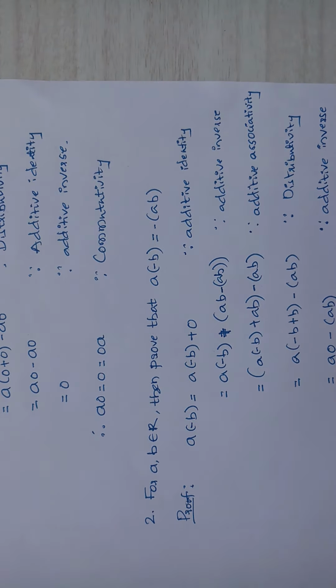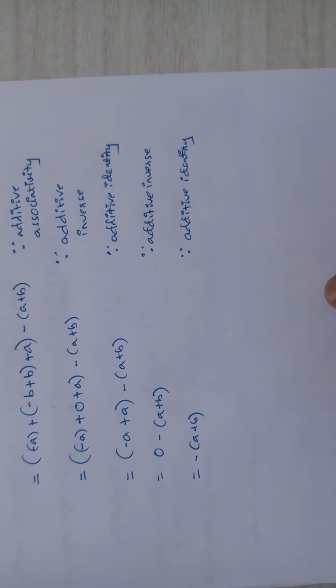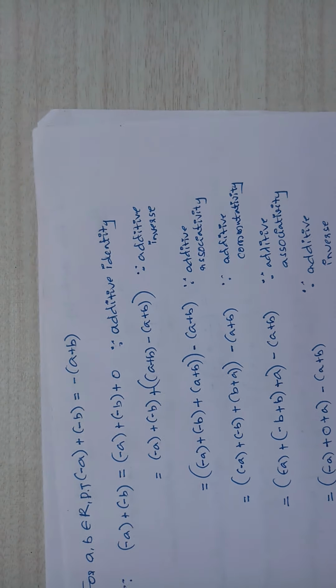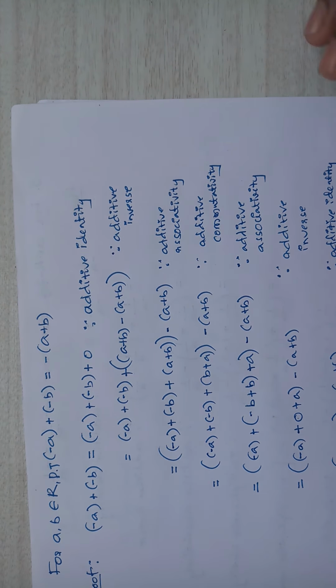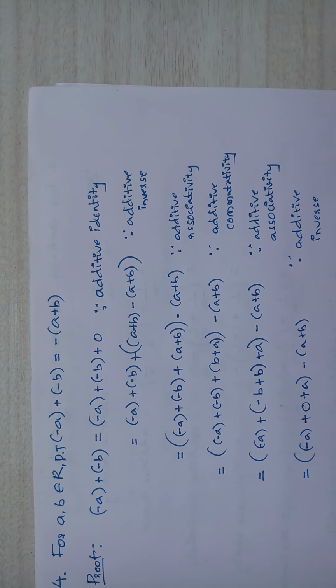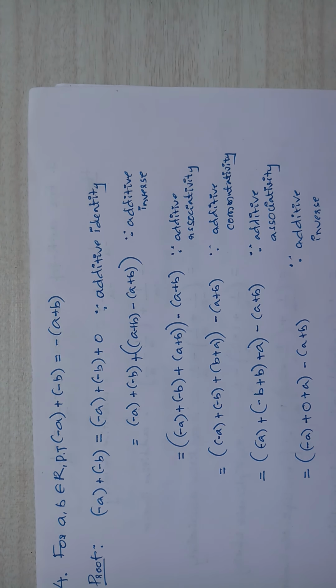So next property, that is the fourth property. For all a, b belongs to R, prove that minus of a plus of minus of b is equal to minus of a plus b.